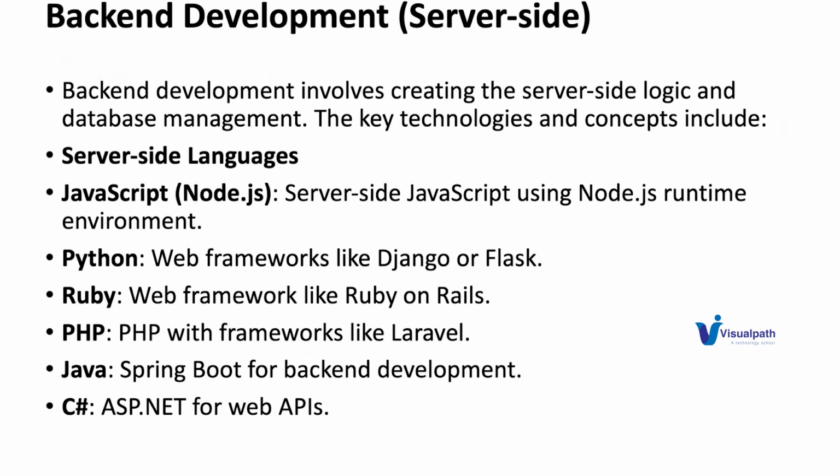Then you have PHP, which generally uses Laravel. Then you have Java, which mostly uses Spring Boot. Then you have C#, which uses ASP.NET. These are all the backend technologies which most companies use. For us, being familiar with any one of the technologies should be sufficient to clear any interviews.